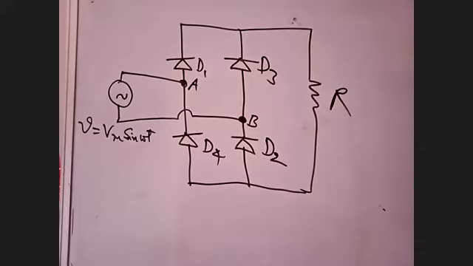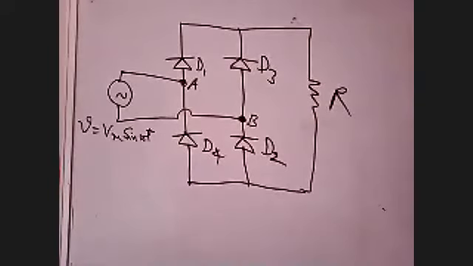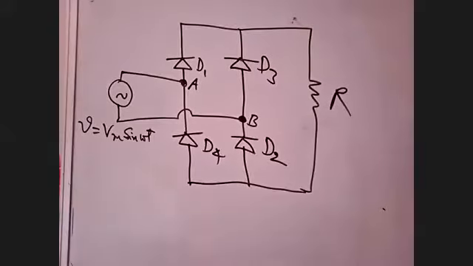Now see, what is the input here? AC or DC? AC. Input is AC. Rectifier means output will be DC. We have to get the output voltage DC.